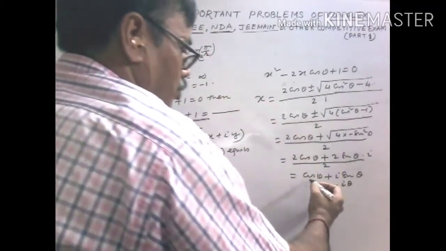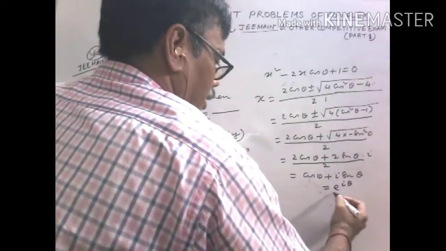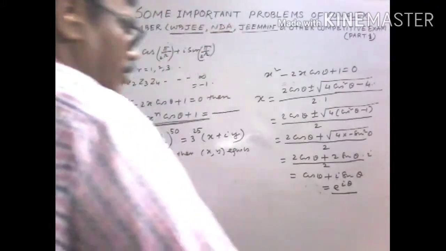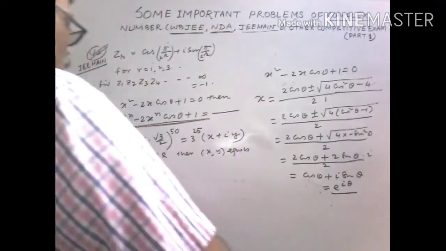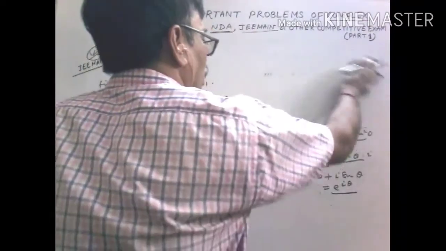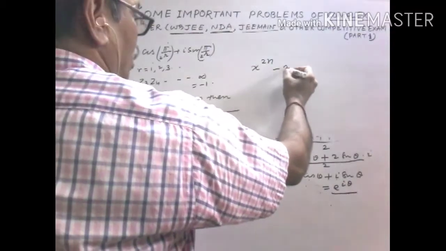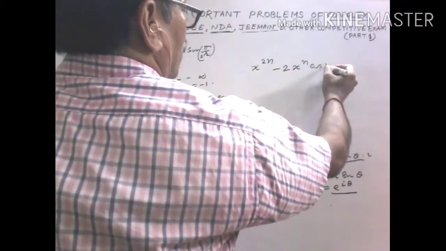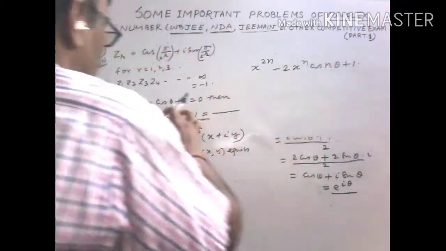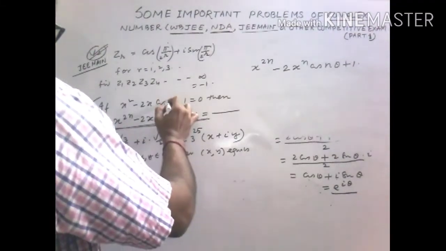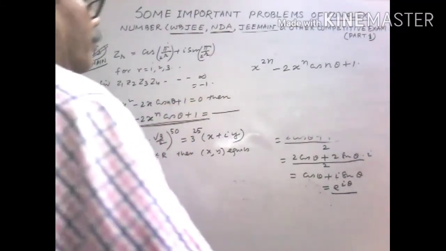So look, we are getting x equals cos theta plus i sin theta, which equals e to the power i theta. So now look, x to the power 2n minus 2x to the power n cos n theta plus 1. So the correct form will be 2 cos n theta.